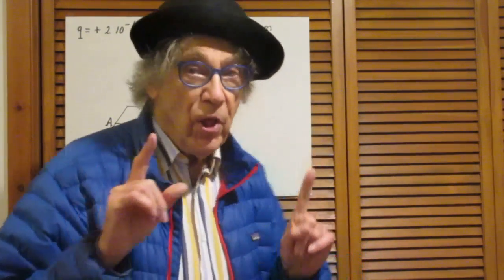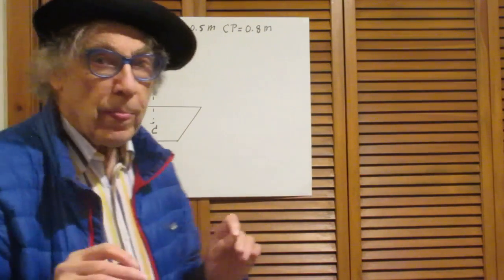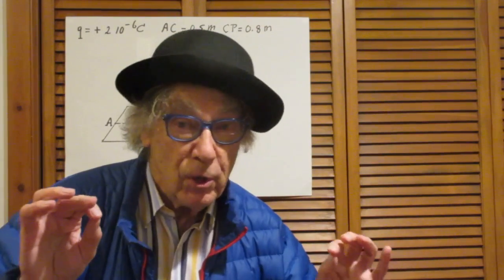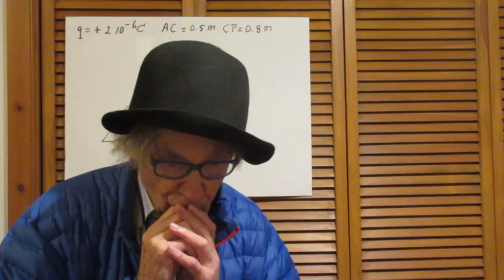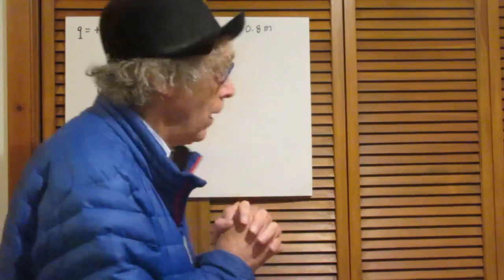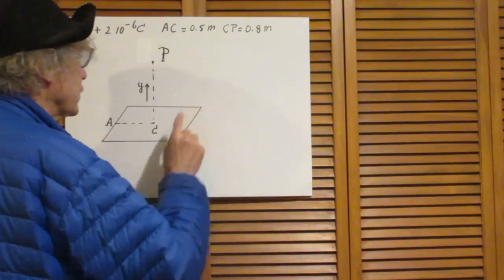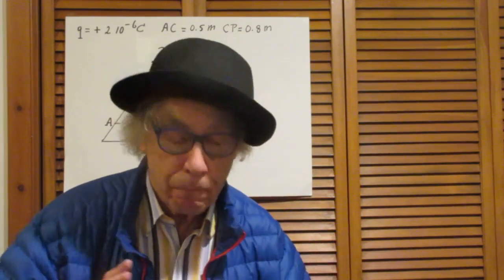If these were conductors, the charge would not be uniform throughout. It may not differ a lot, but it would not be exactly uniform. For instance, here at these sharp turns, the charge density would be higher.